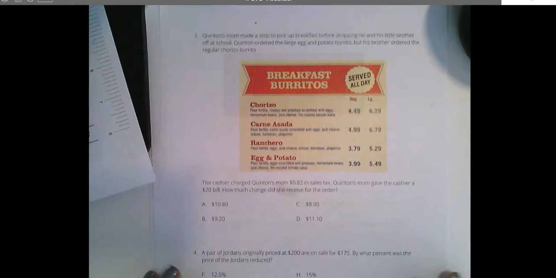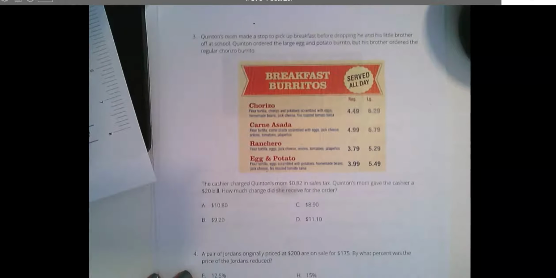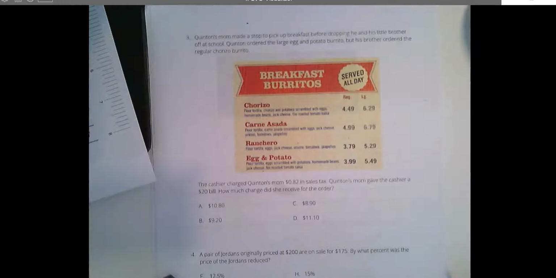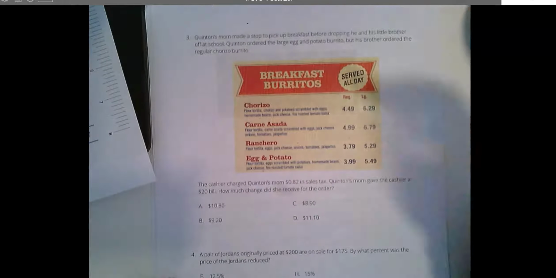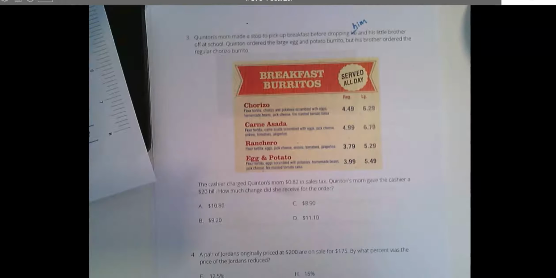The first few questions in the common assessment shouldn't take us too long. It's the ones towards the end that I'm banking my time for. Alright, Quentin's mom made a stop to pick up breakfast before dropping him, whoopsie, and his little brother off at school. Quentin ordered the large egg and potato burrito, but his brother ordered the regular chorizo burrito.